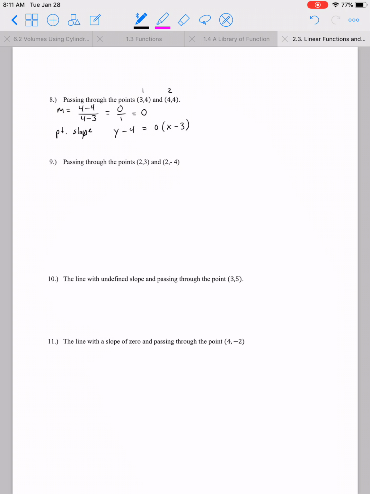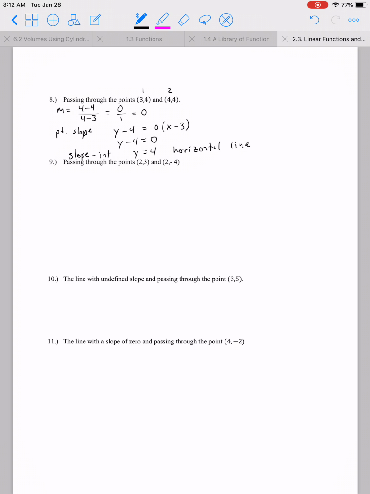And if you distribute, this whole right side becomes 0, and you end up with y minus 4 equals 0. And so then if you solve for y, you get y equals 4 by adding 4 to both sides, and this is your slope-intercept form. And hopefully you note that this is y equals 4, a horizontal line, which fits with the slope of 0. This is a horizontal line, which is what we said earlier occurred with a slope of 0. So we've got that.